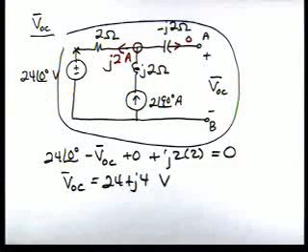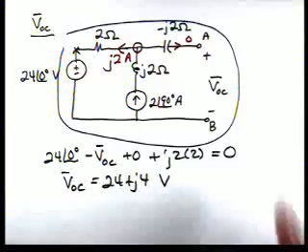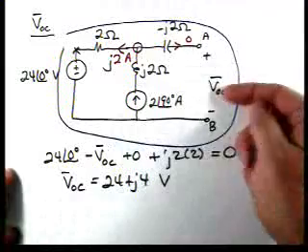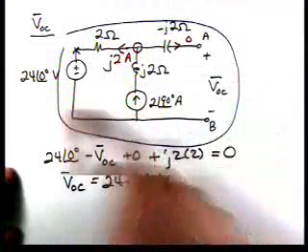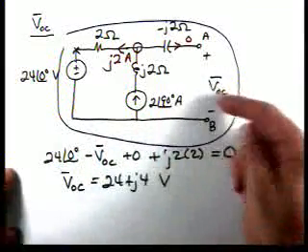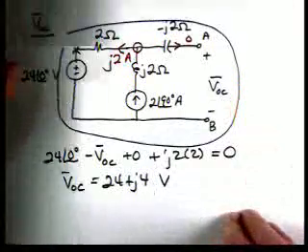Now, our next step is to find the Thevenin impedance. We'll take this circuit and again look back in, but we're going to turn our sources to 0 and find the impedance looking back into this network. So here is our circuit.